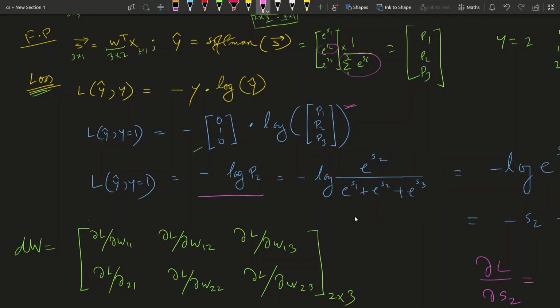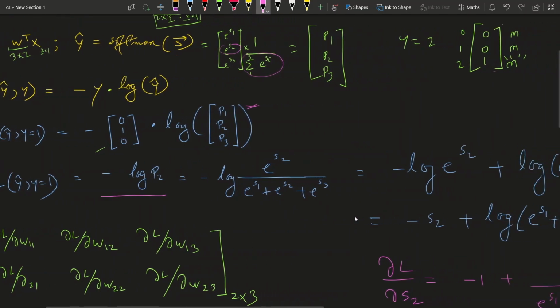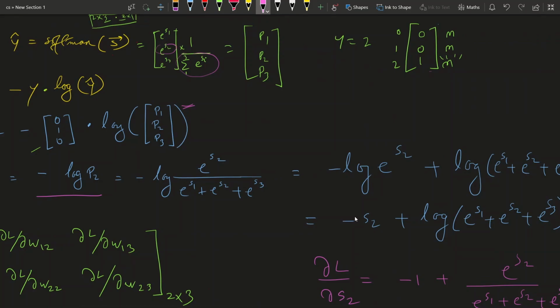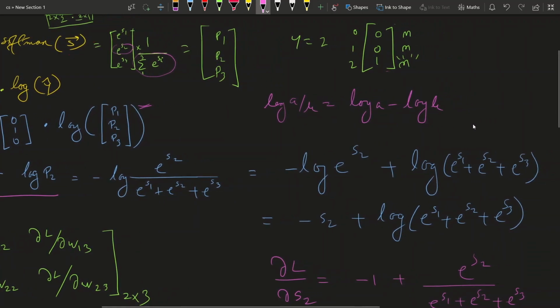Using log formulas, if you remember, log a by b is nothing but log of a minus log of b. Applying that logic, we get something like this: minus log of e to the power s2 plus log of this entire thing, which is e to the power s1 plus e to the power s2, and so on and so forth.